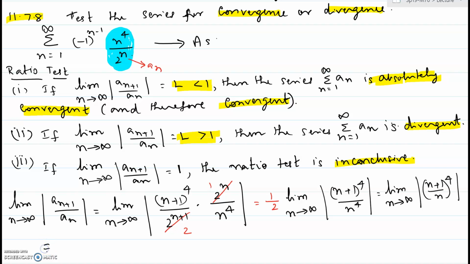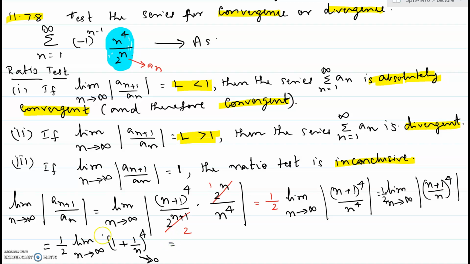Of course we have that half in front, so it is 1/2. Inside the absolute sign, limit as n approaching infinity, it's n divided by n, which is 1, then 1 divided by n. So within the parentheses you do the simplification, to the power 4, and then 1 over n will of course tend to 0 as n approaches infinity.